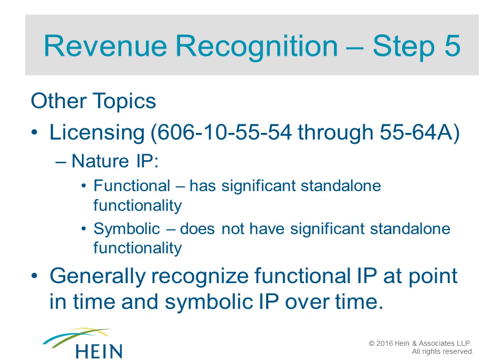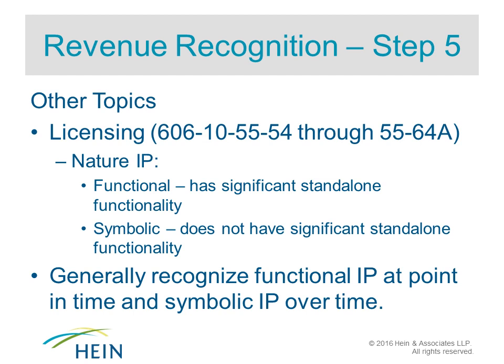So continuing on with licensing, I apologize, I see a typo here. This should say nature of IP. So again, whether you recognize the revenue over time or as of a point in time, that's going to depend on the nature of the IP. And the standard defines two different types of IP.